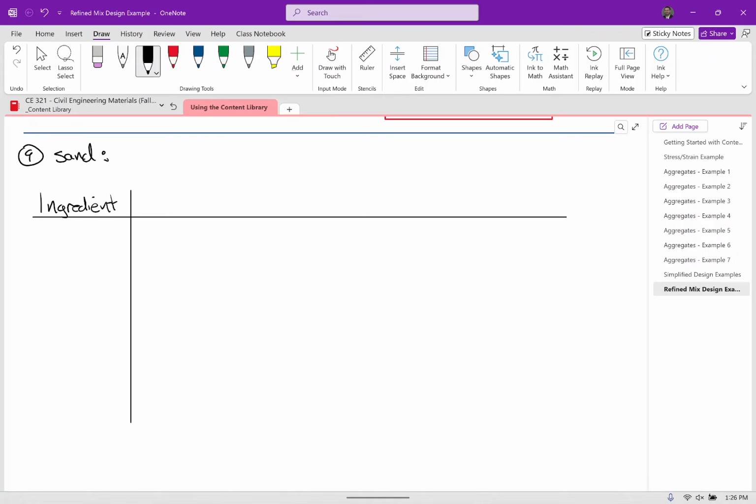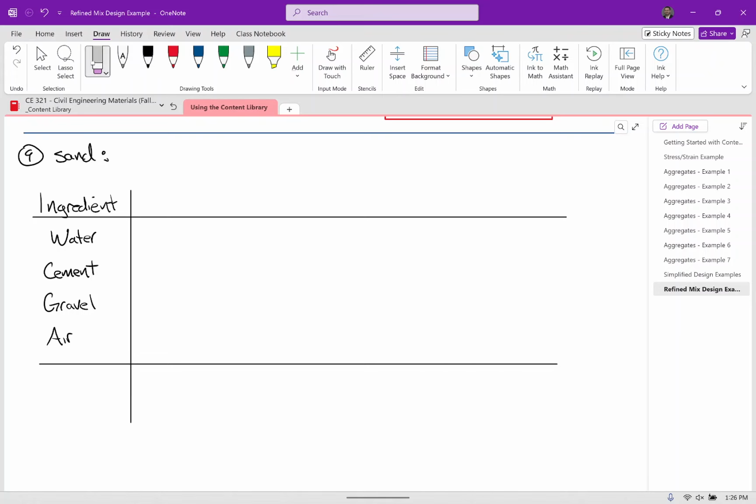We figured out the water, the cement, the gravel, and the air. We are still working on everything else, which is the sand.